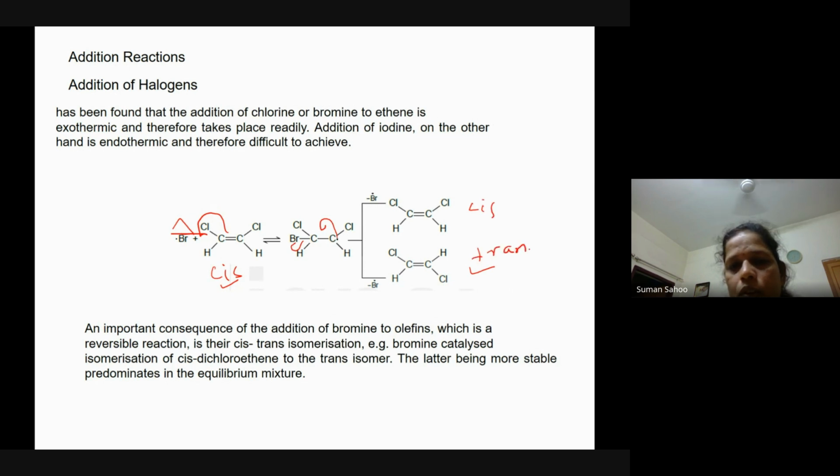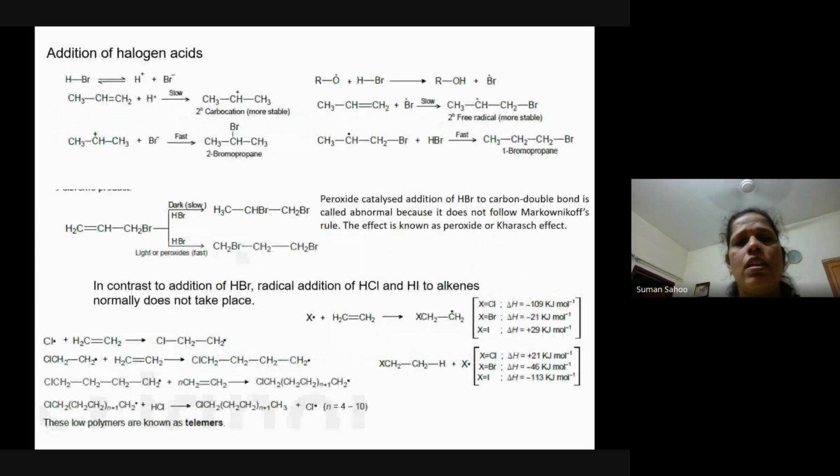So this is a good method for cis trans isomerization of butenes. Mostly cis will be transferred to the trans isomer because that is more stable, so that predominates in your reaction mixture.